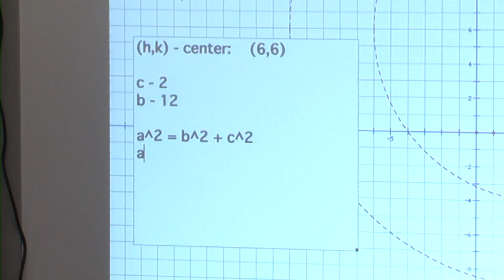So our A value we don't know. Our B value is 12, and our C value is 2.